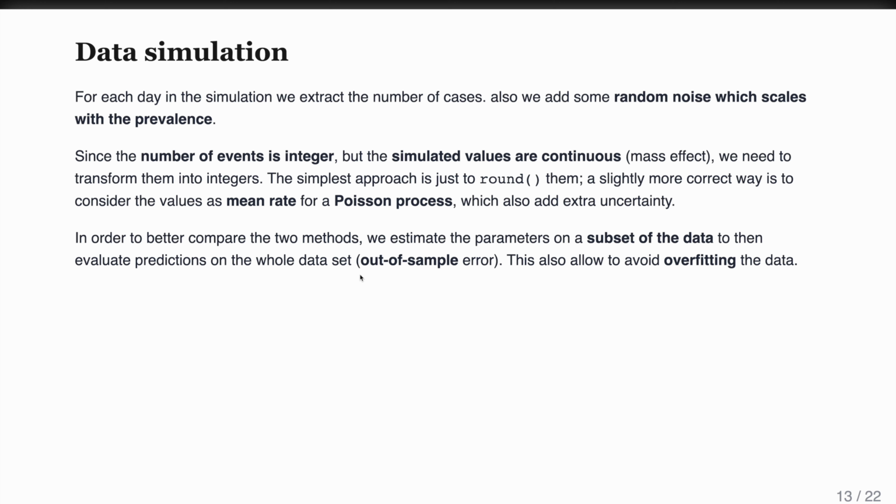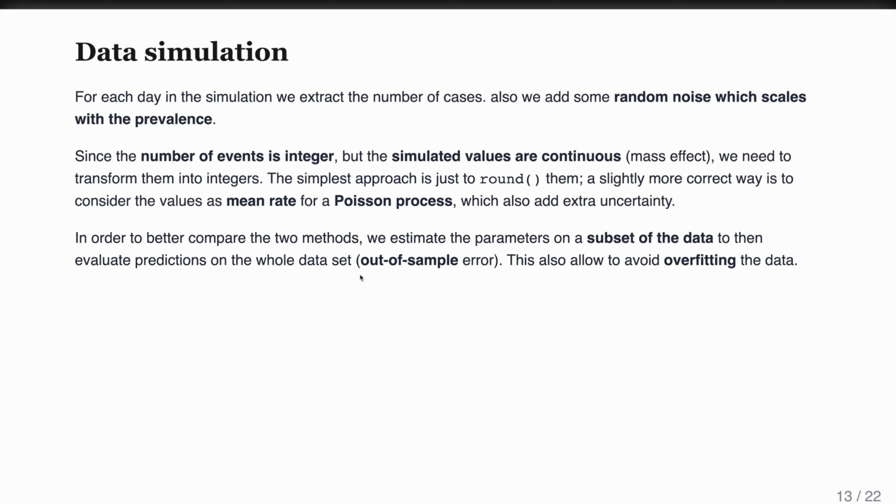But now we need to create from this simulated epidemics some data which is a little bit realistic. First of all, because the data that we simulated will be continuous. We said before that these compartment models produce a continuous number of cases.